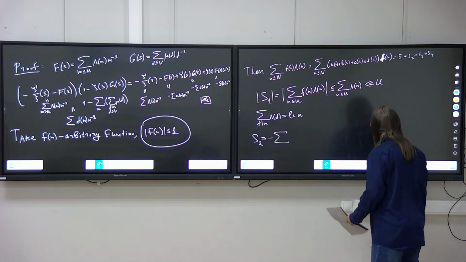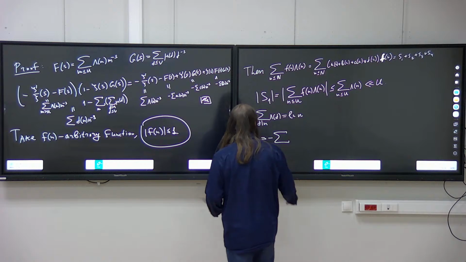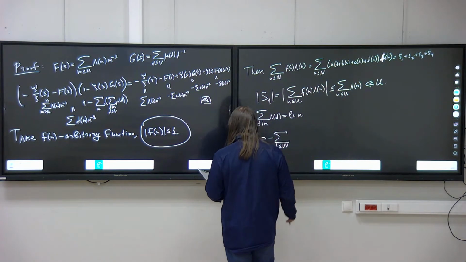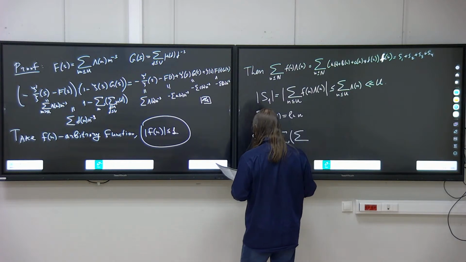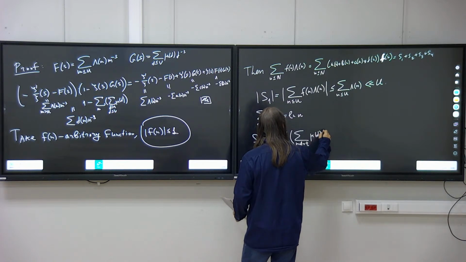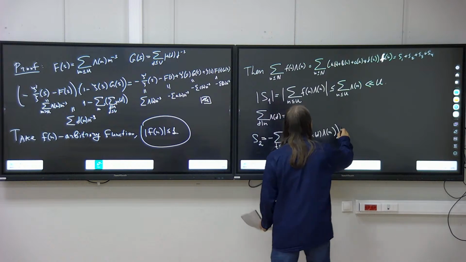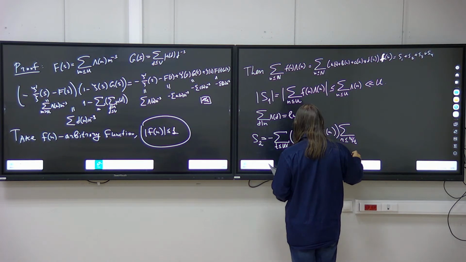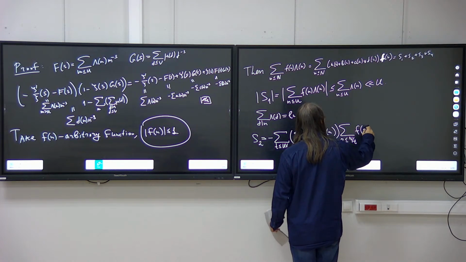So let me rewrite what I wanted to say. So this is t at most uv, sum over all md is equal to t, mu of d, lambda of m, m is at most u, d is at most v, and then in the inner sum you get sum over all r less than or equal to n over t, f of rt.